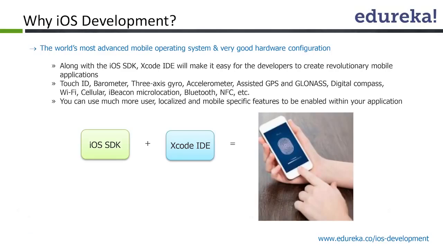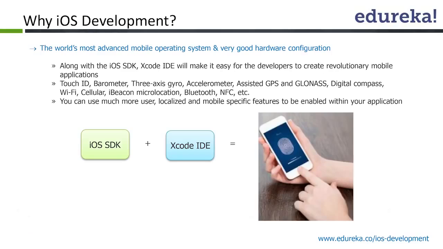the main reasons are, iOS is the most advanced mobile operating system up to date. You don't find any features or hardware configuration that are present in iOS devices anywhere else. You have Touch ID, that is nothing but a fingerprint scanner embedded into your iPhone or iPad device nowadays.